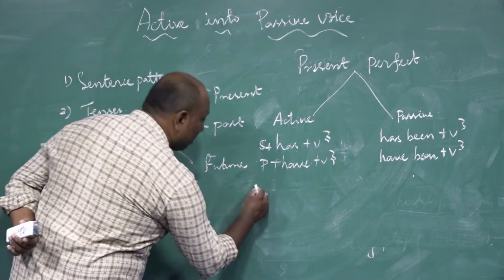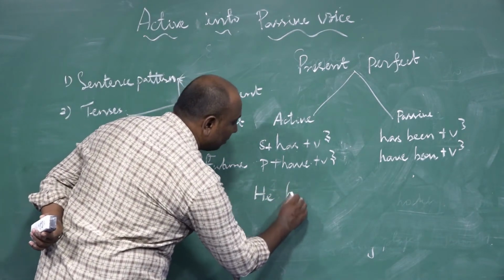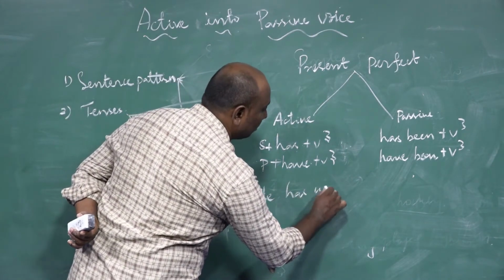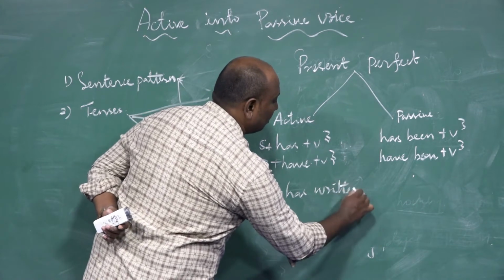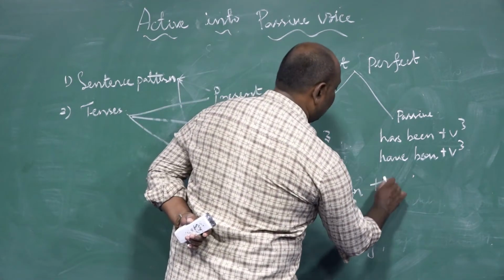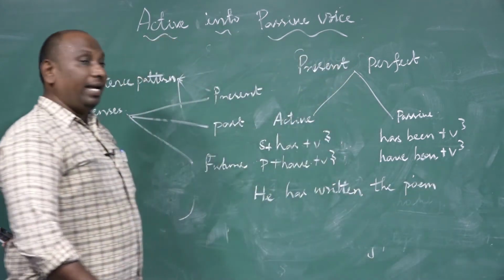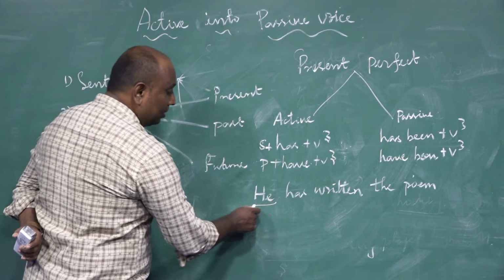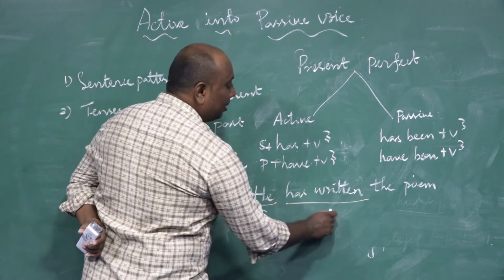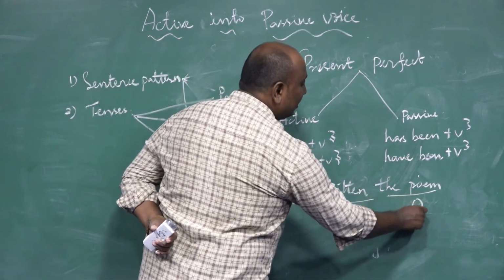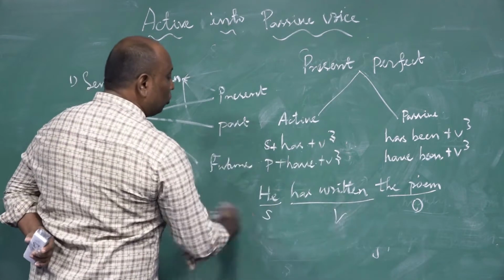For example, he has written the poem. Look at this, he has written the poem. He is the subject. Has written is the verb. What he has written, this is the object. So the poem should come here.